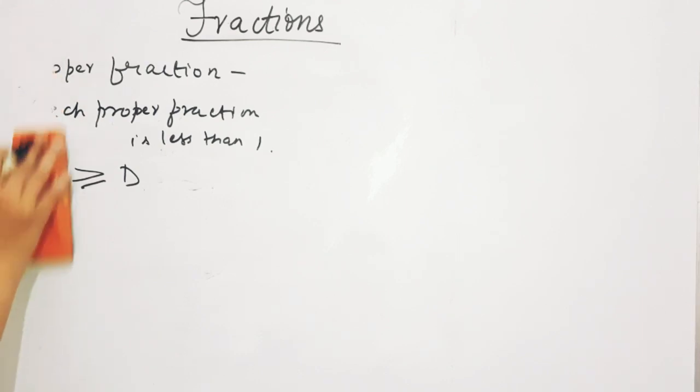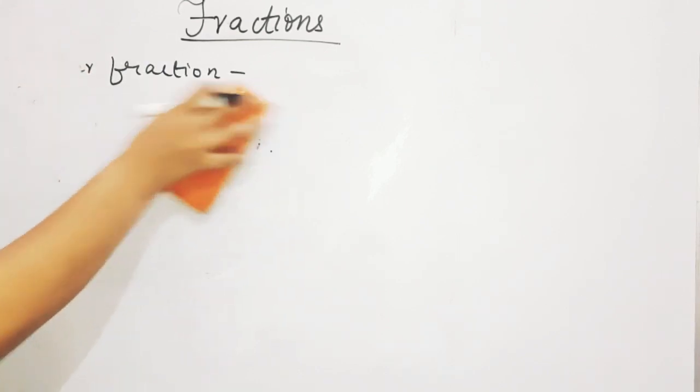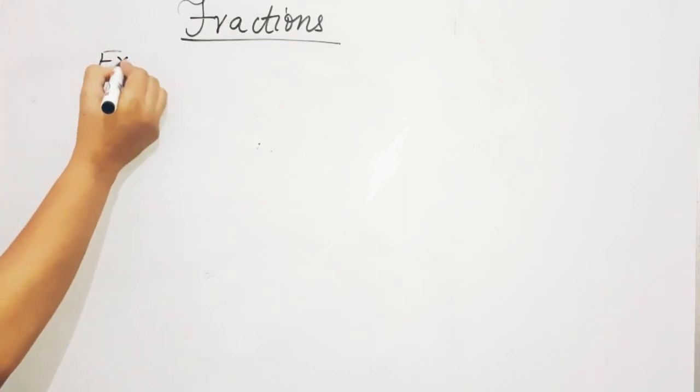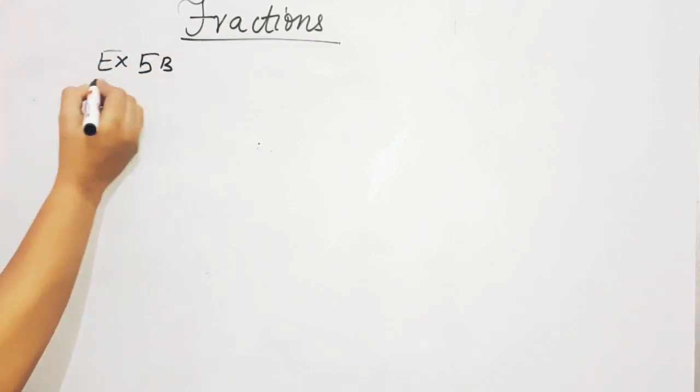Now you know what are proper fractions, what are improper fractions, and we all know what is a mixed fraction, how to convert a mixed fraction into an improper fraction, and how to convert an improper fraction into a mixed fraction. So exercise 5B, question number 1.